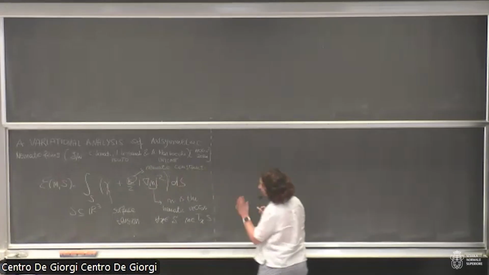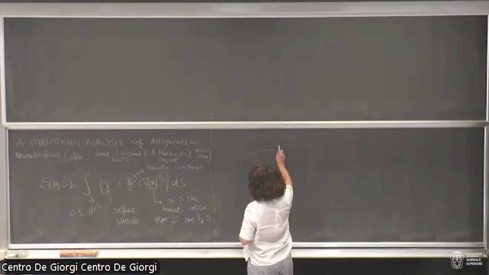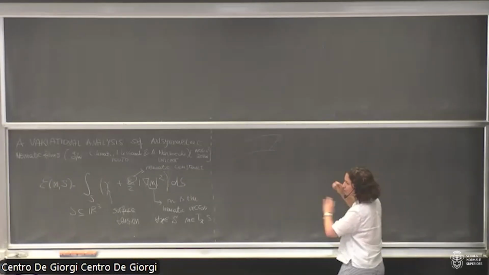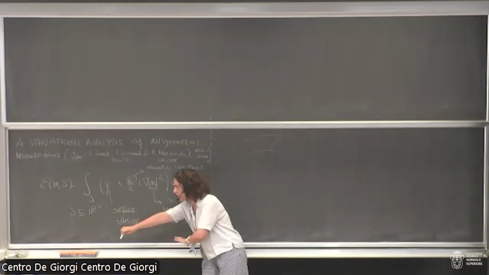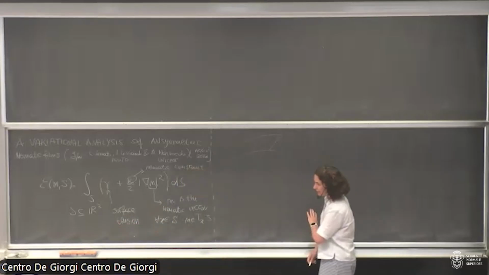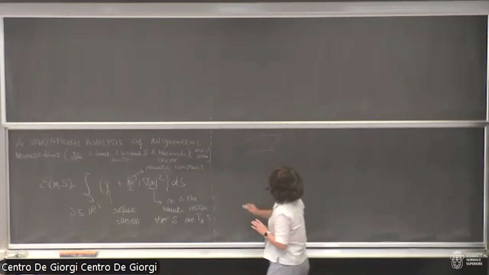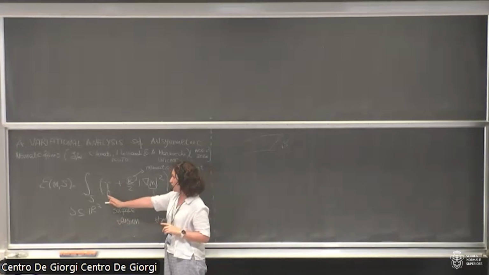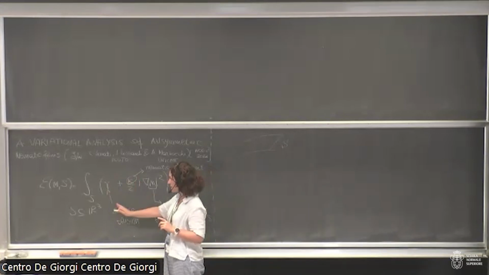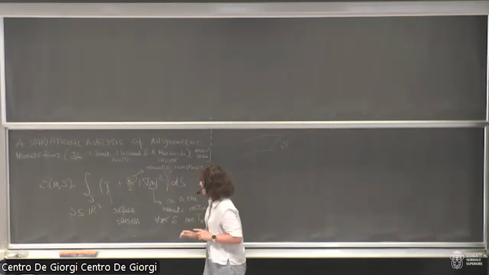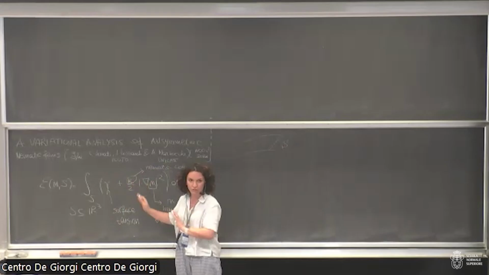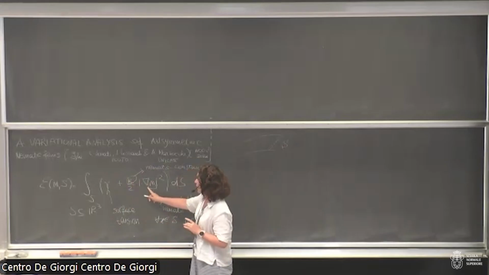So the picture that we need to have in mind is that we are considering a surface. I don't care for the moment about regularity assumptions on that. So think about a two-dimensional surface in R3, and we are studying this energy functional, in which there are two constants, the surface tension and the nematic constant, and there is this operator, which will be clear in a while.